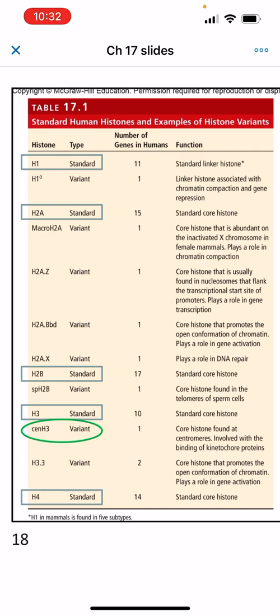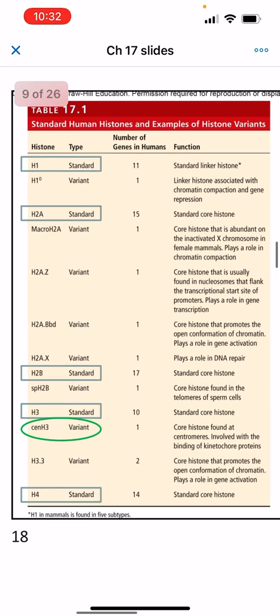So for example, at the centromere, there's a special histone H3 called CENH3. And this is essential for creating the kinetochore. There's another one, H3.3.